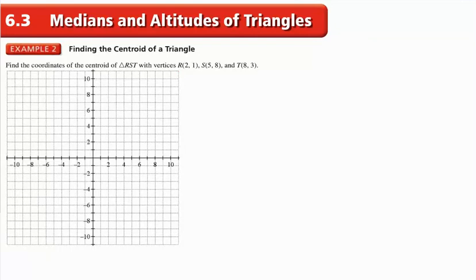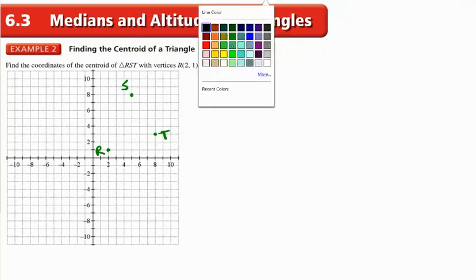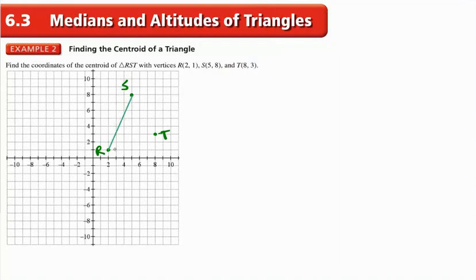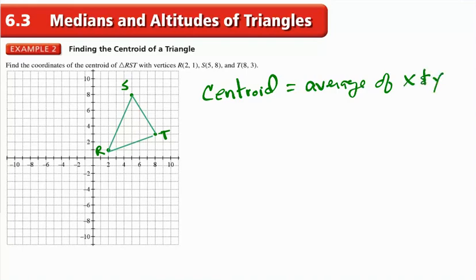Next, we can find the centroid of a triangle in the graphing plane. So if we were to graph these points, (2, 1) is R, (5, 8) is S, and (8, 3) is T. So the centroid is equal to the average of the x and y coordinates.